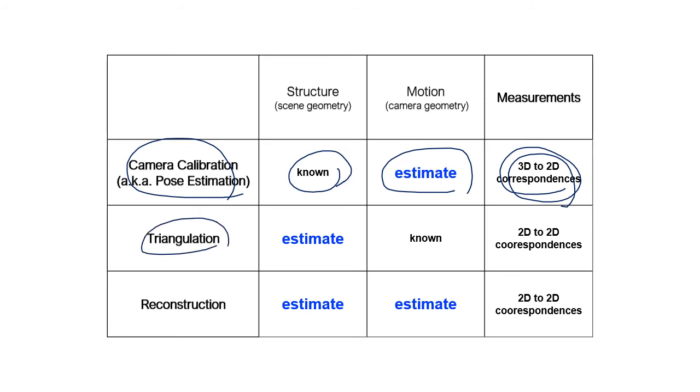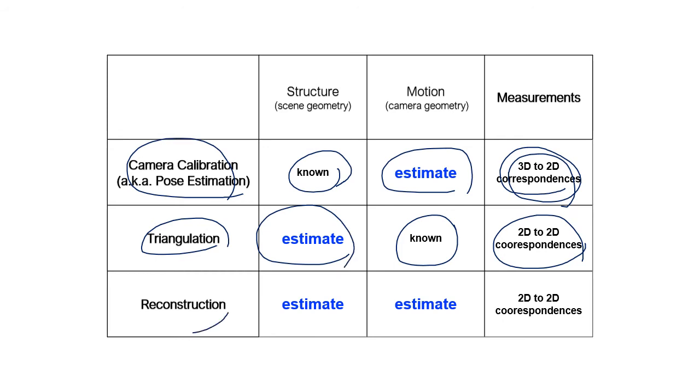And triangulation is somewhat contrary to camera calibration. So in triangulation, we have 2D to 2D correspondences, and also we know the camera matrix. It means that the camera is already calibrated. Then the goal of triangulation is to estimate scene structure, scene geometry.